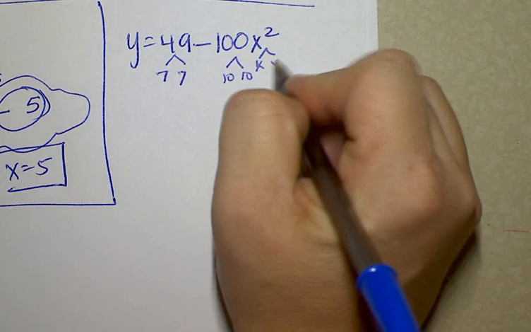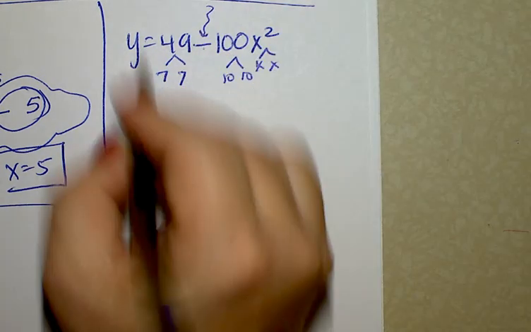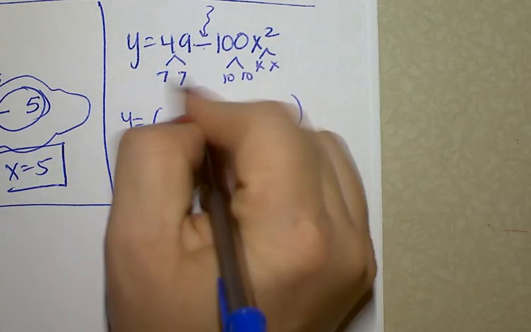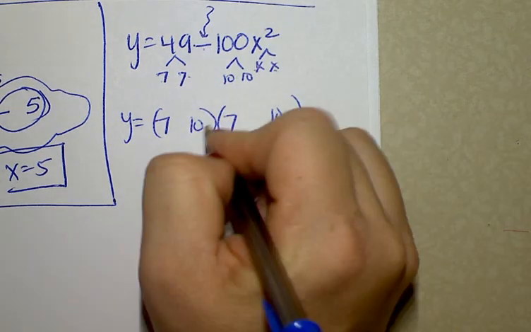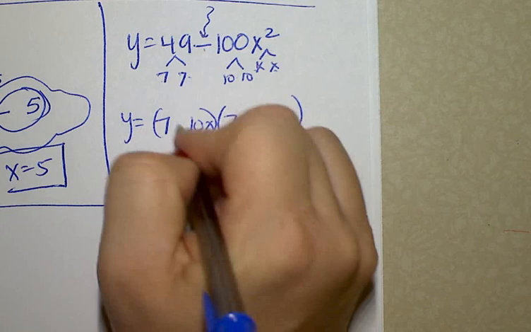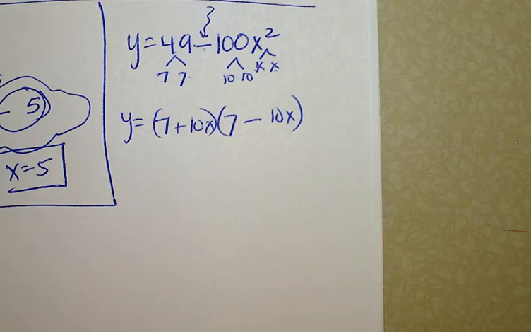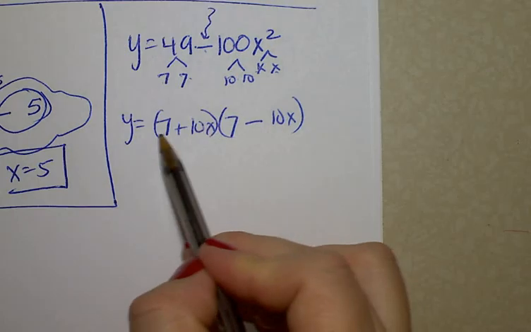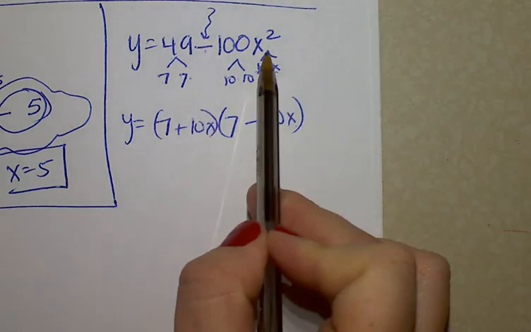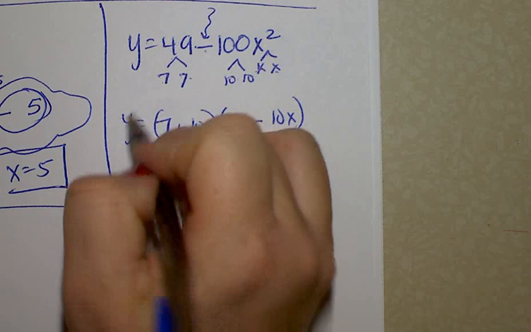And we have subtraction, so we can continue. 7 is in front, 10s are in back, and attached to each 10 is an x. One's a positive, one's a minus. One's adding, one's subtracting. If you FOILed this out, you'd end up with this answer. This is factored form.